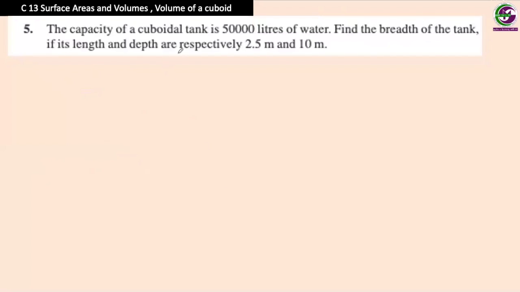Let's see the next one. The capacity of a cuboidal tank is 50,000 liters of water. Find the breadth of the tank. So B is the question. We have the volume. This can be written as 50 meter cube because 1000 liter is 1 meter cube. So 50,000 will be 50 meter cube, where the length is 2.5 and the height is 10 meters.